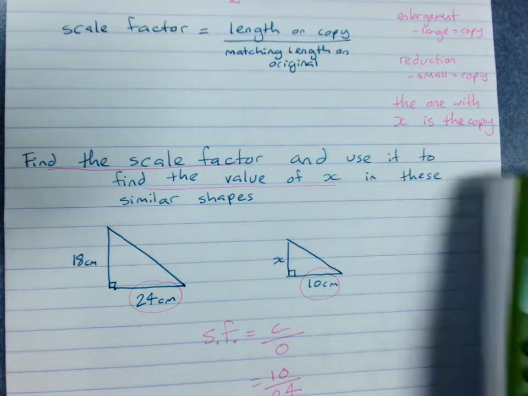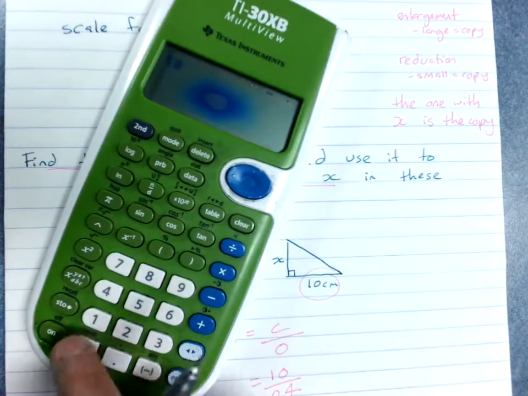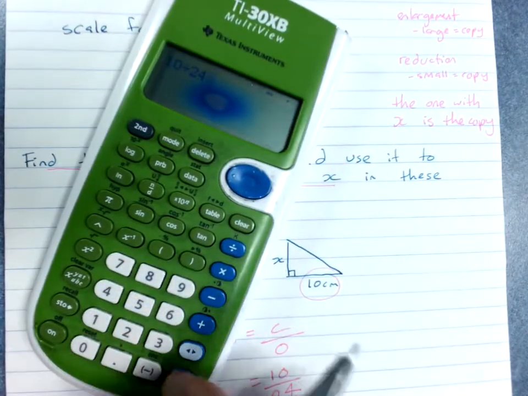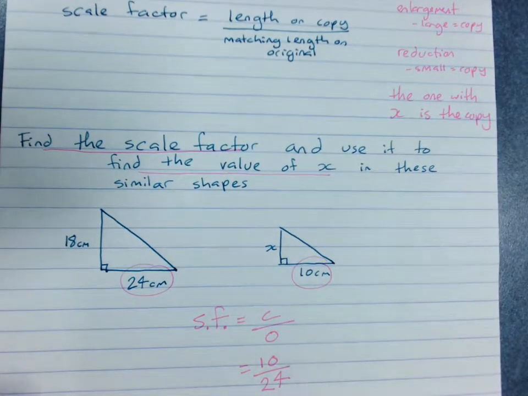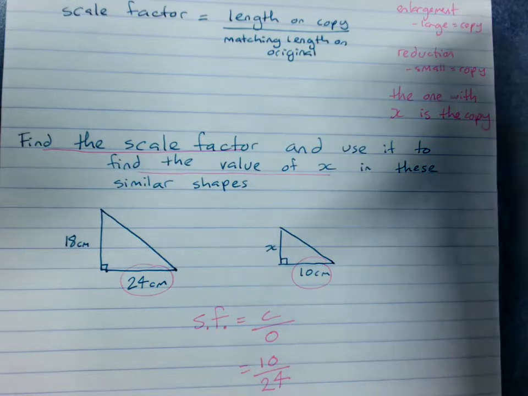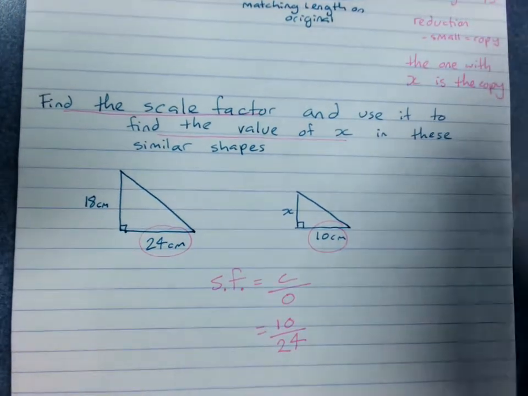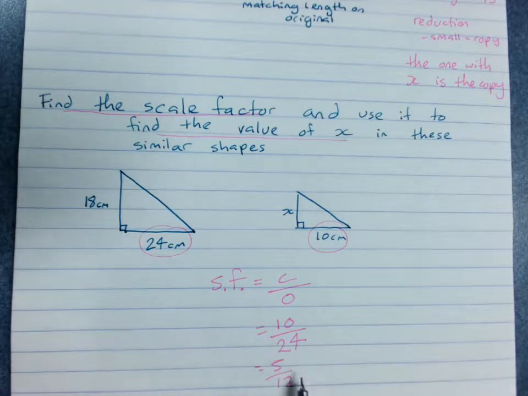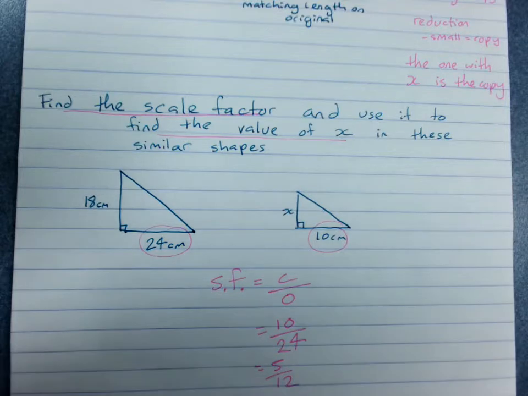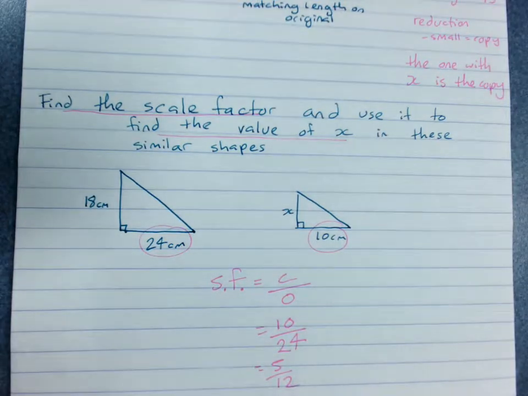And you grab your calculator and do 10 divided by 24. And that's an inconvenient number. You could just leave it as 5 over 12, to be honest. That's probably easier. If you wanted to round it, 0.416 recurring, leaving it as a fraction is a good idea.